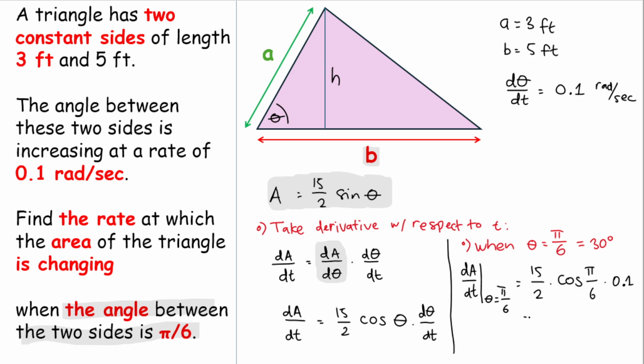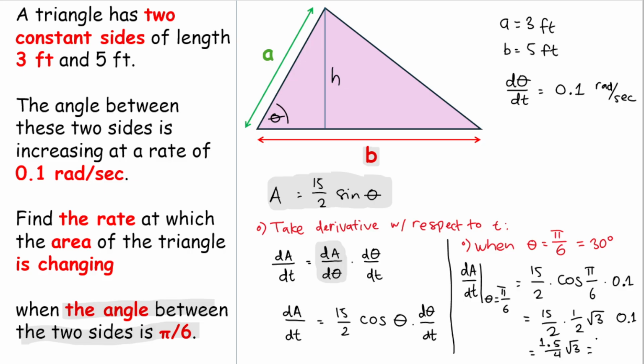Okay, now let's plug that in. So I'll have 15/2. Cosine of theta is 1/2 square root of 3. And then multiplied by 0.1. Okay, and I will have 1.5/4 multiplied by square root of 3. And then we can multiply numerator and denominator by 2.